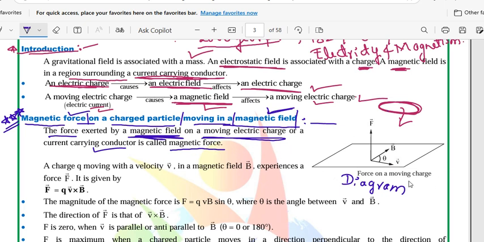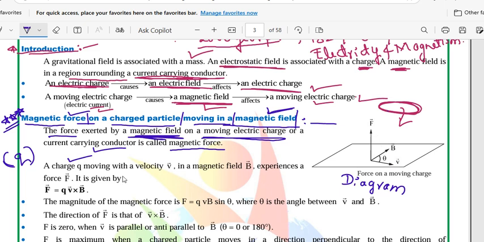Okay, this is the force on a moving charge. The force exerted by a magnetic field on a moving electric charge or a current carrying conductor is called a magnetic force. Suppose a charge q moving with a velocity v bar in a magnetic field B bar experiences a force F bar.